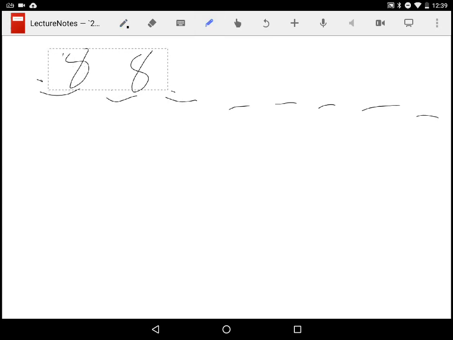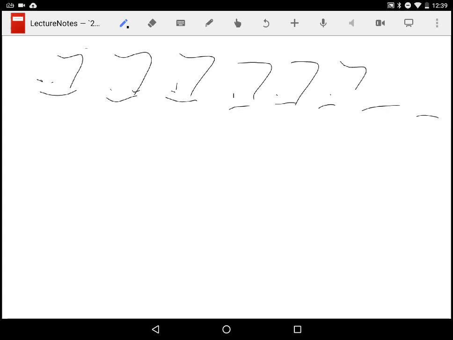So we're going to go over here, and to avoid redundancy, you guys should get the point. So for one more, 0.7, 0.7, 0.7, 0.7, 0.7, 0.7, 0.7, 0.7.